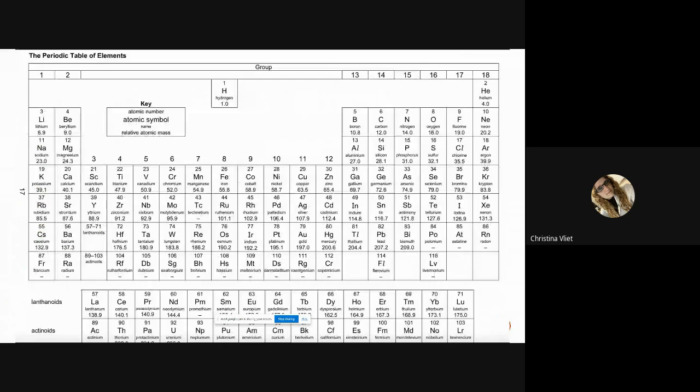Question: why is the hydrogen over in the middle? Or is that just for absolutely no reason? So hydrogen is a nonmetal. It has one valence electron. Therefore, as a nonmetal, it should belong over here because nonmetals are over here.